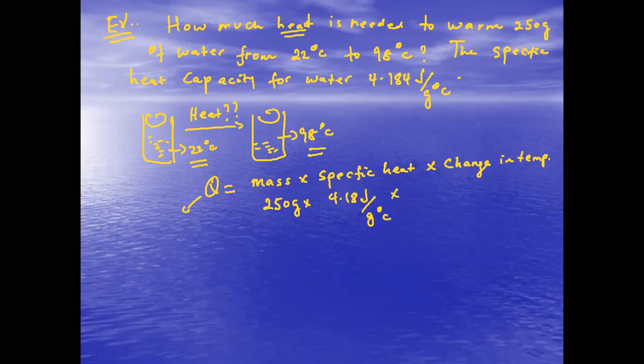The change in temperature, delta T, is T final minus T initial, which is 98 degrees centigrade minus 22 degrees centigrade, which gives you 76 degrees centigrade. So we multiply this: 250 times 4.18 times 76. Someone can help me get the calculation.